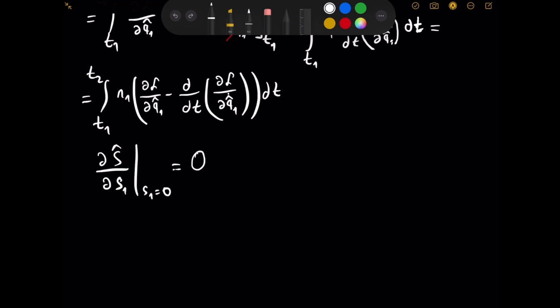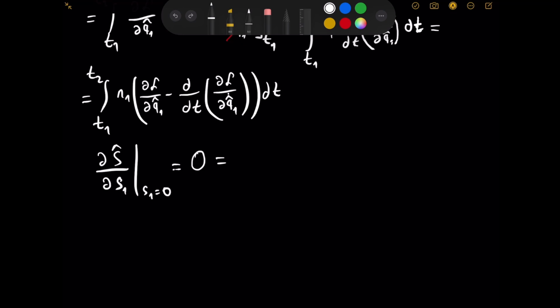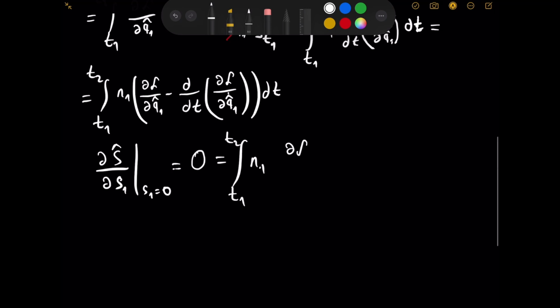And so I can now look at here then. The only thing here that changes, could I just copy paste it? I probably should be able to. Well, anyways, I'll just write it. So the only thing that changes is Q1 hat is now just Q1 because S1 is 0. And of course, Q1 hat dot is just Q1 dot because S1 is 0.